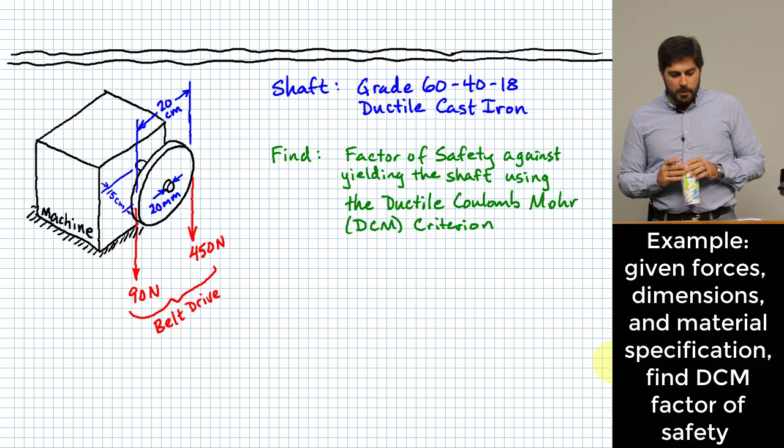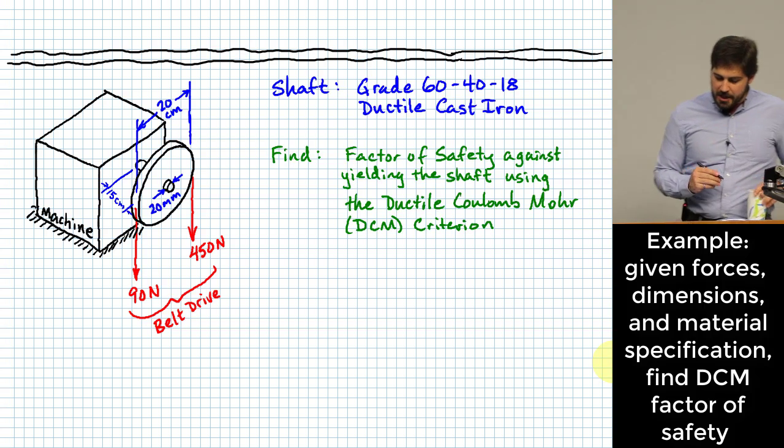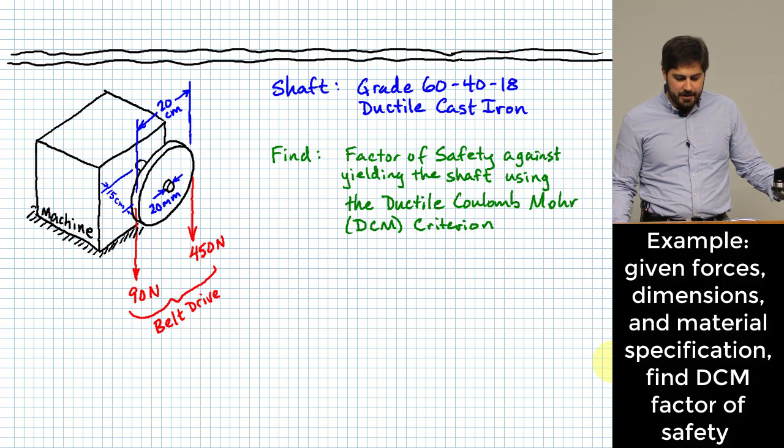The geometry is that the shaft has a 20 millimeter diameter, the pulley has a 20 centimeter diameter, and the extension away from the piece of machinery is 15 centimeters. So imagine that pulley is hanging on a 15 centimeter long cantilever hanging out of the piece of machinery.